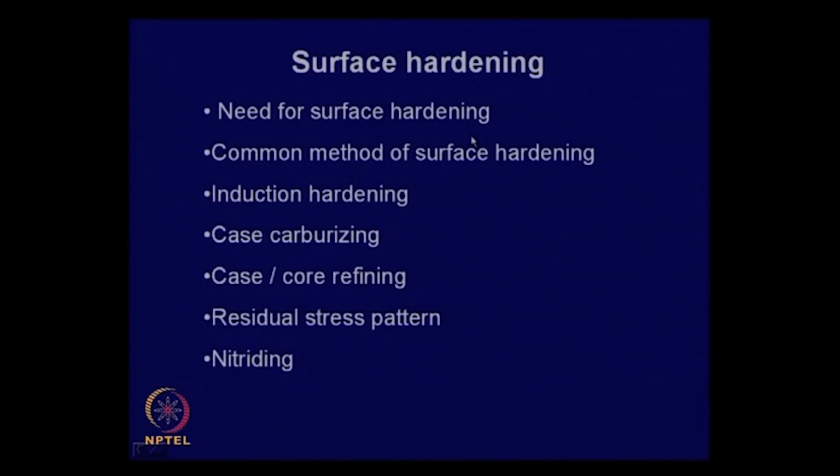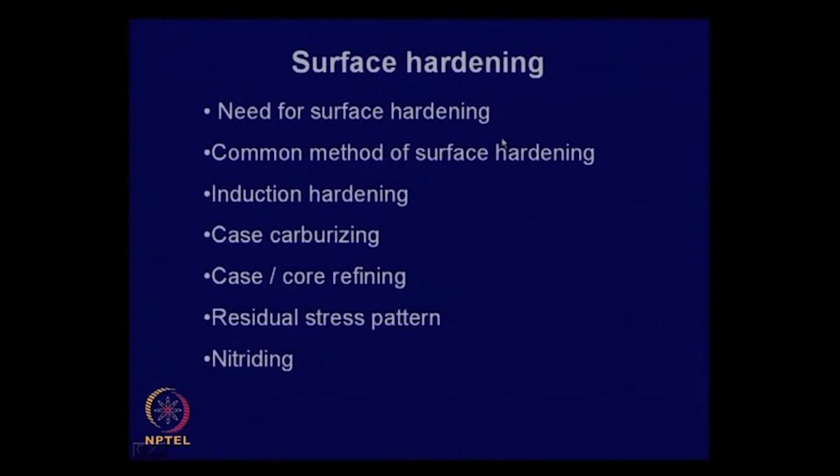You may have a totally different structure and properties at the core, whereas you may have an extremely hard structure at the surface. In surface hardening, we actually try to exploit this feature.